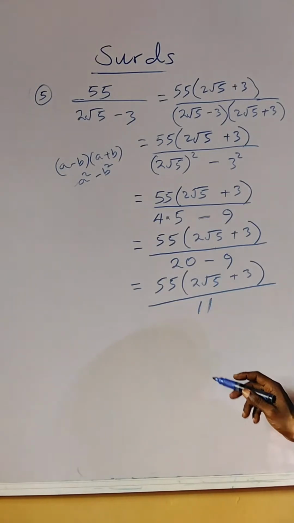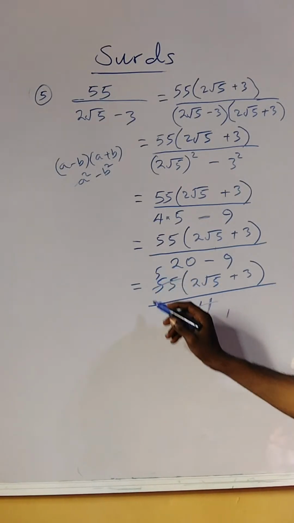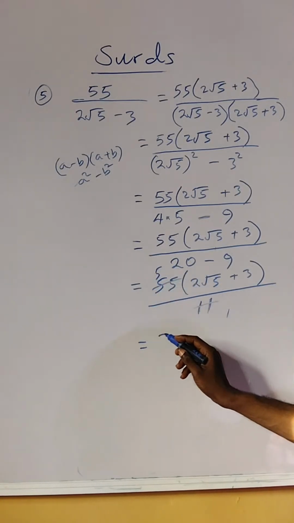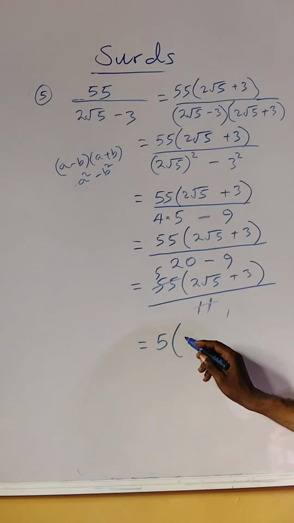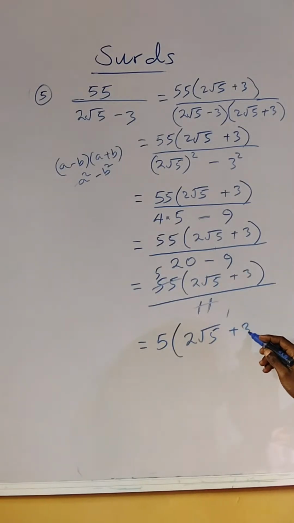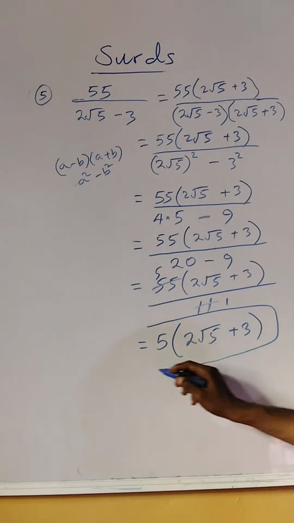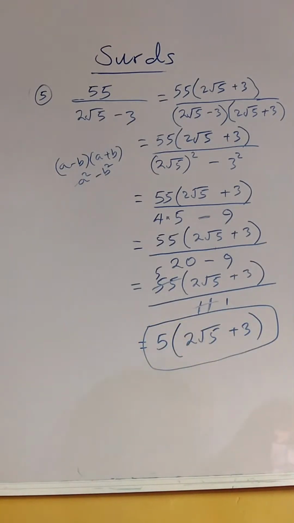And here we can say 11 goes into 11 one time, 11 goes into 55 five times. So that we have this as 5 into bracket 2 root 5 plus 3. So here we have the final answer as the simplified form of this given problem.